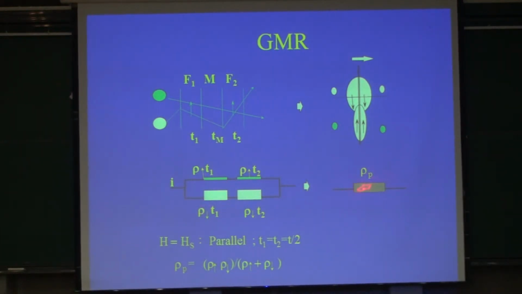You can calculate the effective resistance from this circuit. When the two magnetic layers are parallel, the effective resistance is given like this.